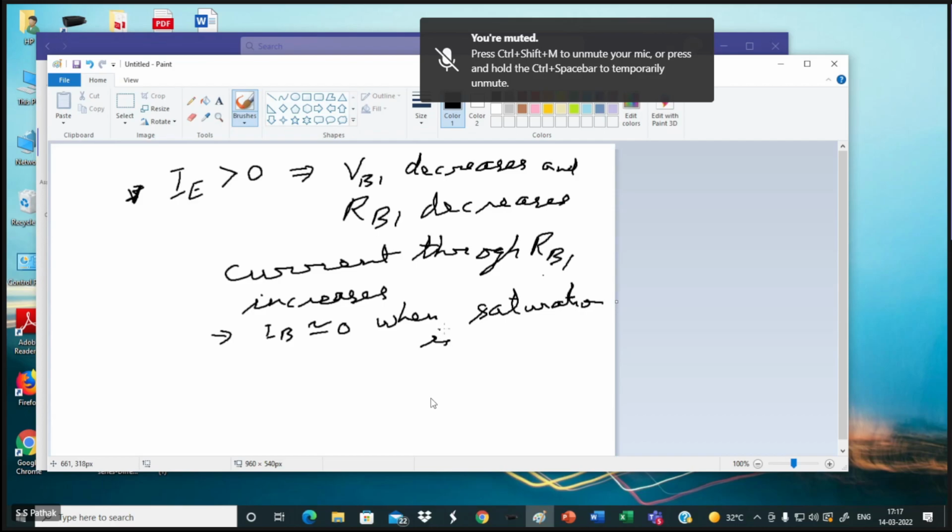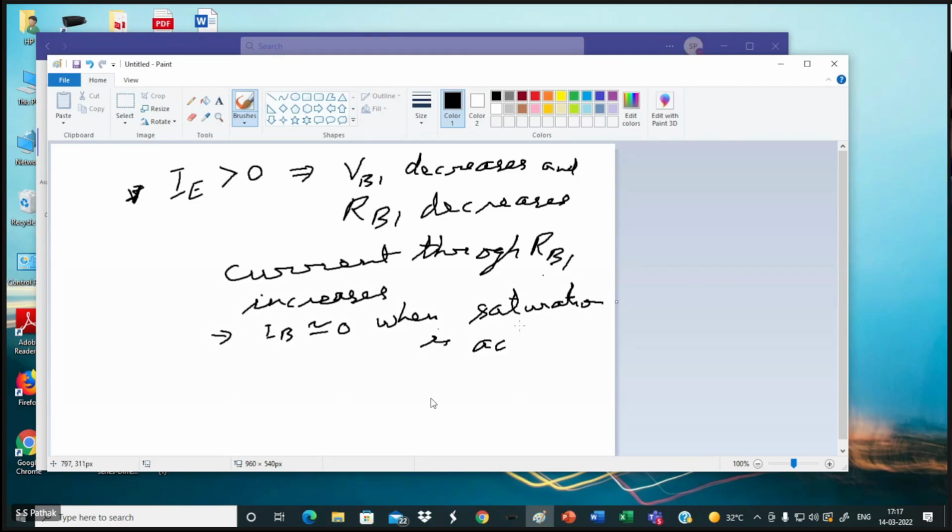Saturation is achieved. Because IB1 equals IB2 plus IE.